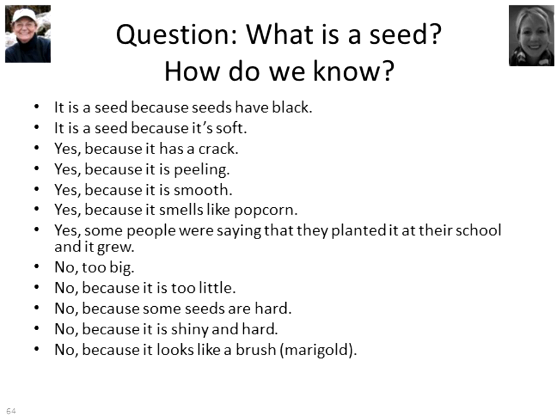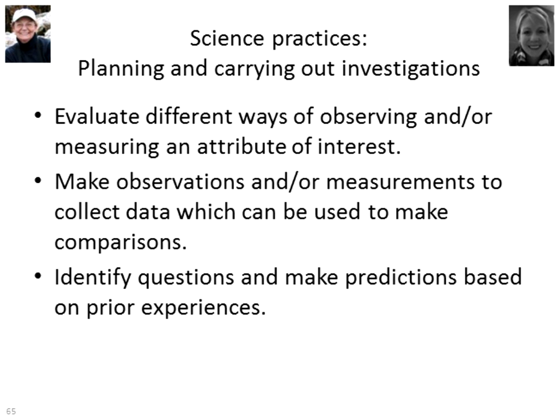So given that we had this question, and the kids had lots of questions about how we could find out, in the next slide we have from the NGSS the practice of planning and carrying out investigations. There are 3 different things here that we could bring up with kids.